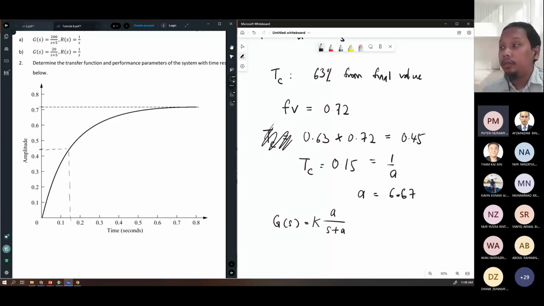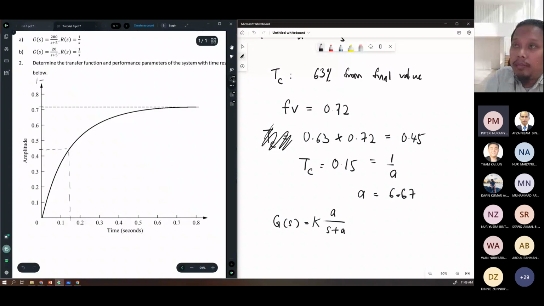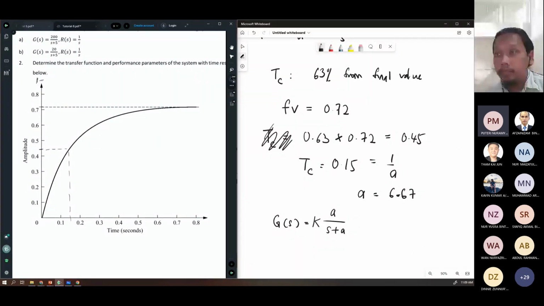Because if you don't have the constant, then the time response will end at 1 as the final value. But now the final value is at 0.72, meaning that it is scaled down. The general formula A over S plus A means that the final value equals 1.